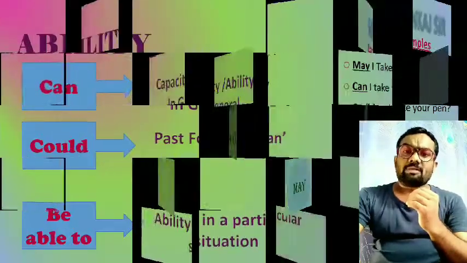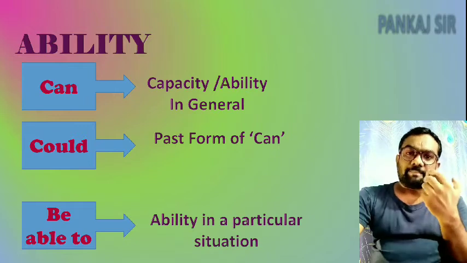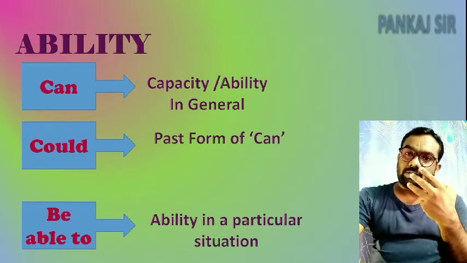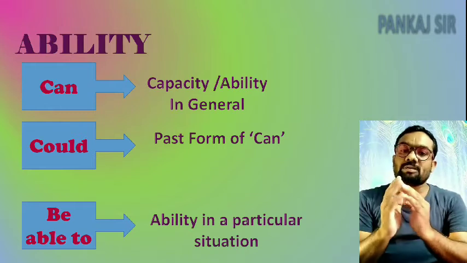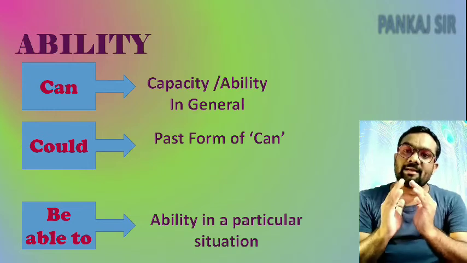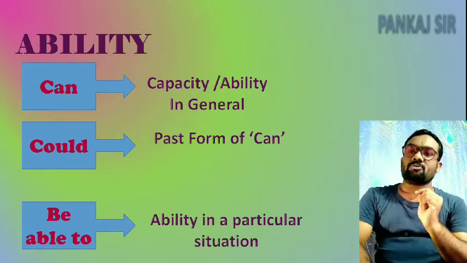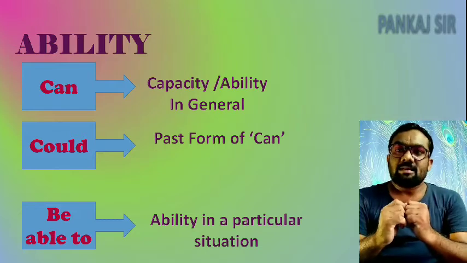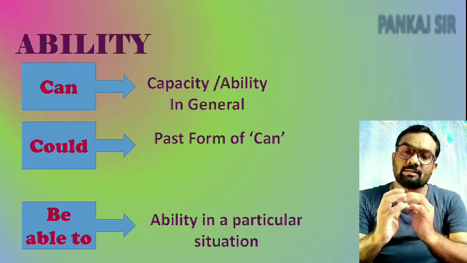Then we have the modals for ability. Ability means capacity. For that we use three modals: can, could and be able to. Now be able to is the alternative of can and could, but they have a slight change in use. Can is used for capacity or ability in general, right?